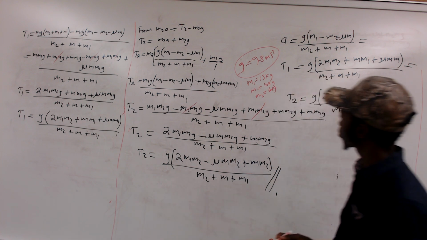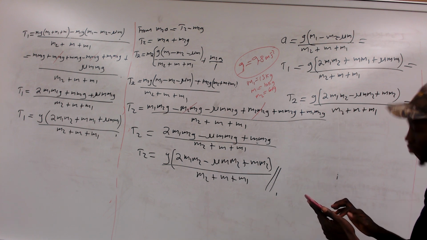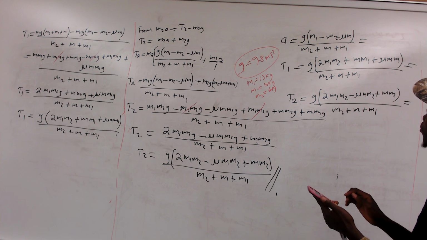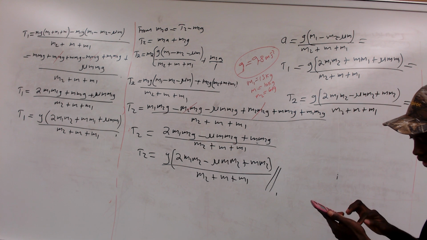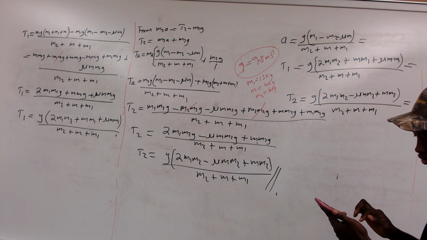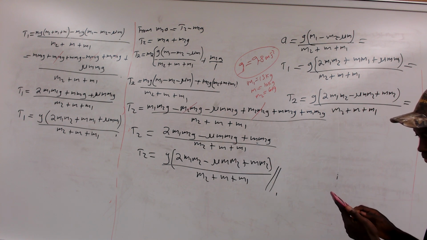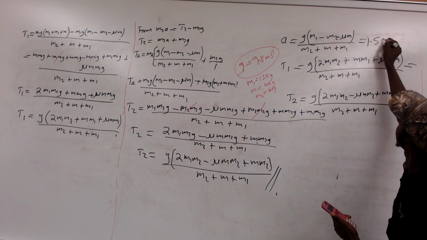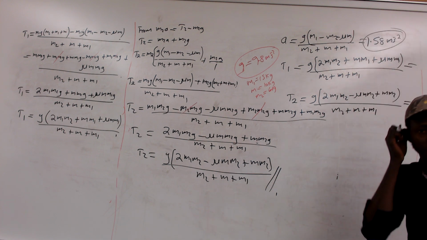So we have to take note of these values. So M1 here is 15, minus M2 which is 6, minus mu which is 0.4 times M which is 10, divided by bracket open 10 plus 6 plus 15, bracket close. So we have the acceleration to be 1.58 meters per second squared. This is the value.